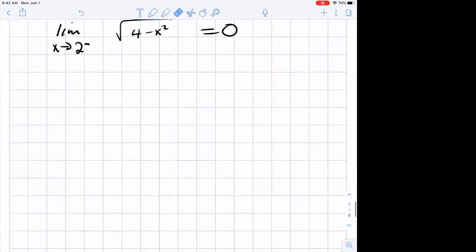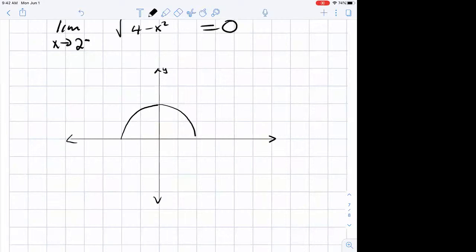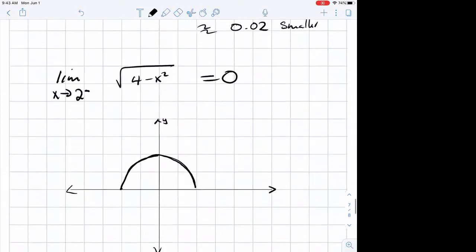Now, look at why we need to know one-sided limits. If we have the xy axis, this is supposed to be a semicircle, the square root of 4 minus x squared. Can anyone tell me how I know that this is a semicircle?